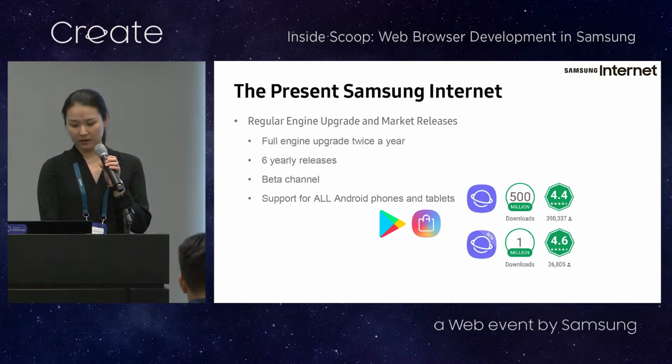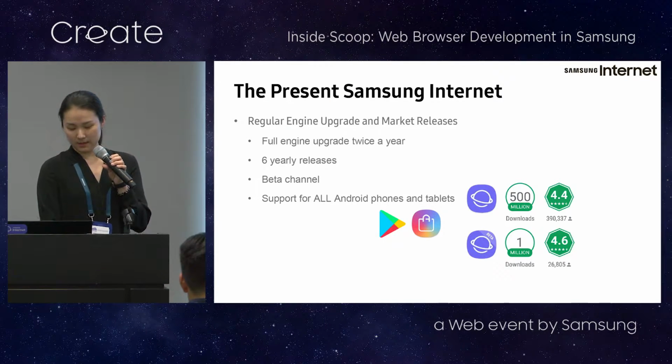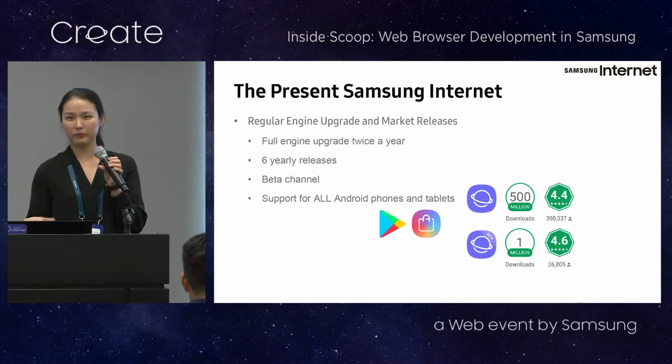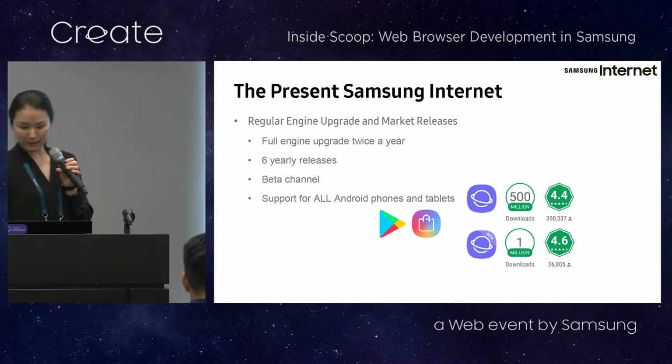We are still maintaining our beta channel, and we are available on all Android phones and tablets. So even if you're not using a Samsung phone, you can check out our browser and test your web apps on Samsung Internet.